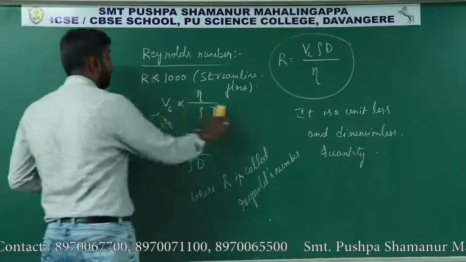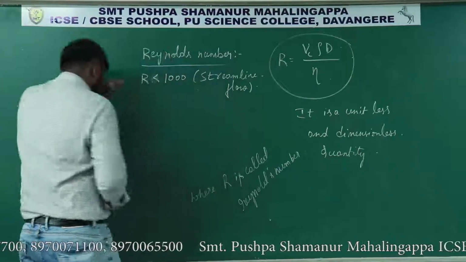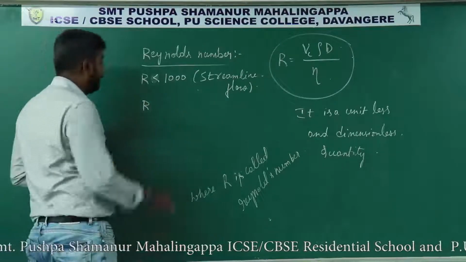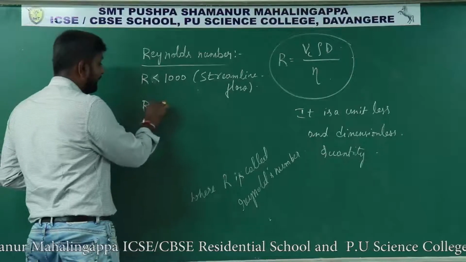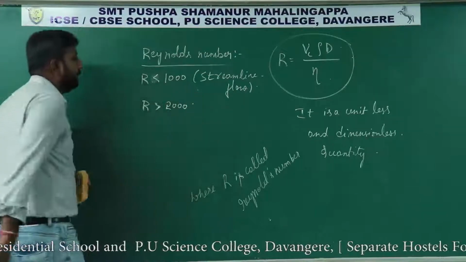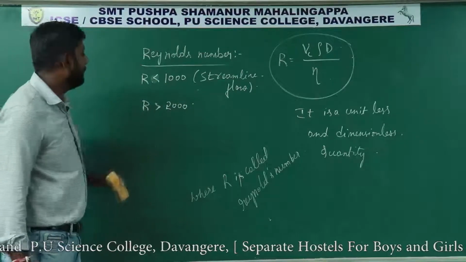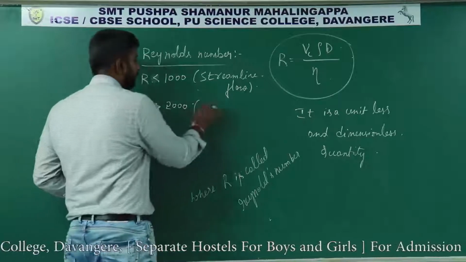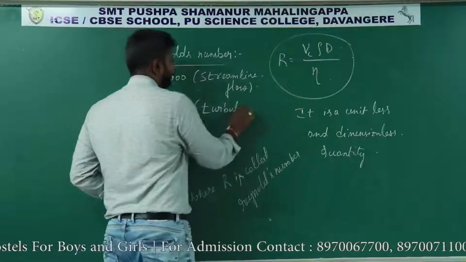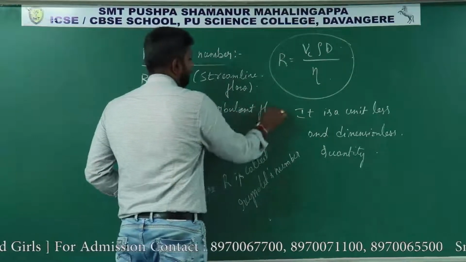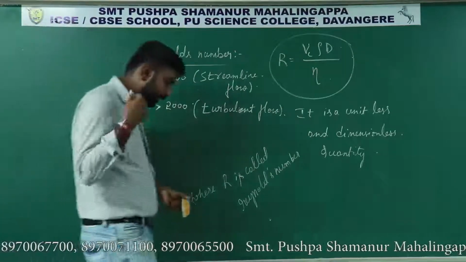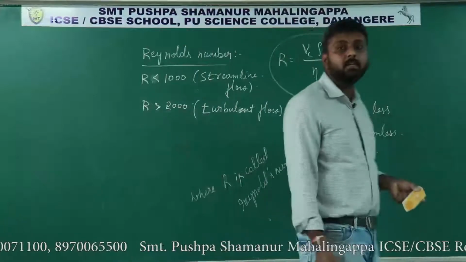And if the value of R is greater than 2000, then that flow is turbulent flow. Okay, less than 1000 means streamline flow, greater than 2000 means turbulent flow. By seeing the value we can know whether the flow is streamline or turbulent.